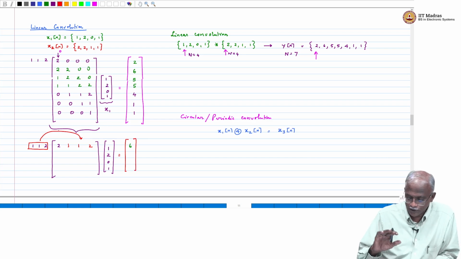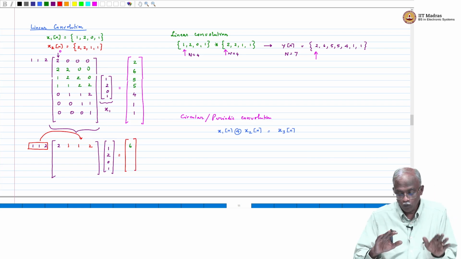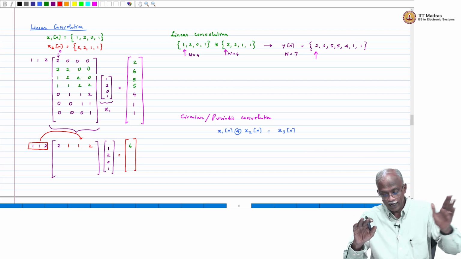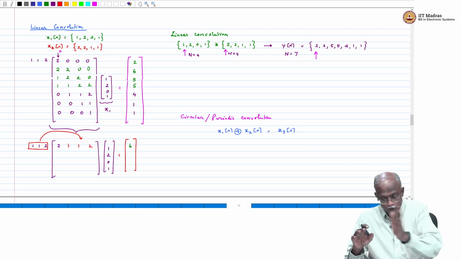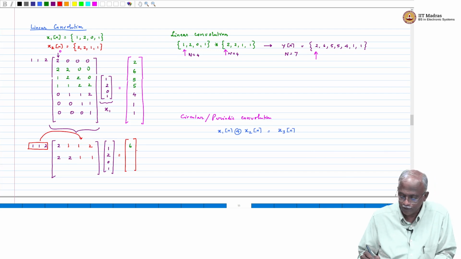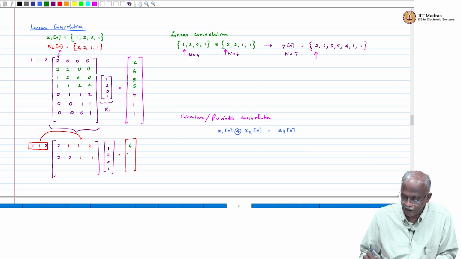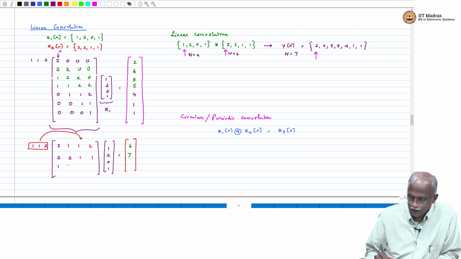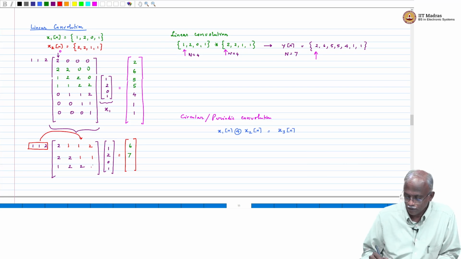Now, what happens to the second row? Exactly what we did last time. Shift everything to the right and make sure that new samples are coming in from the left. So, what happens here? We say 2, 2 and then 1, 1. Multiply, you will verify that this comes out to be equal to 7. One more step, move it around, 1, 2, 2, 1, 1.